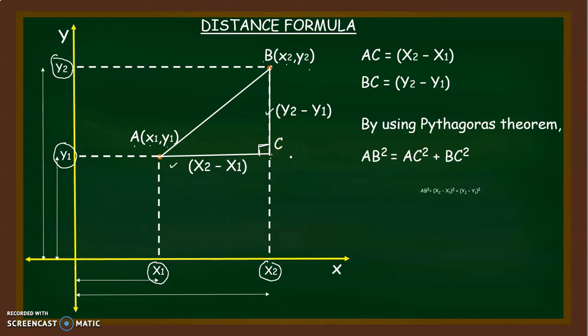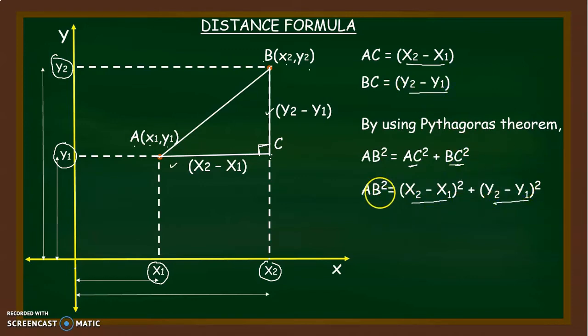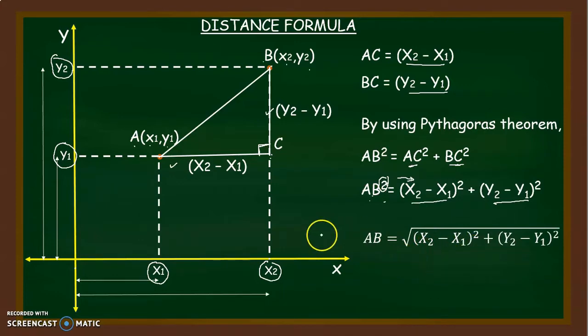In place of AC, I can write x2 minus x1 whole square, and in place of BC square I can write y2 minus y1 whole square. If you want to find out the value of AB, take the square to this side, so it becomes a square root. So we get AB equal to under root of x2 minus x1 whole square plus y2 minus y1 whole square. And this formula is known as the distance formula. Whenever you want to find out the distance between any 2 points on the Cartesian coordinate plane, you can use this distance formula.